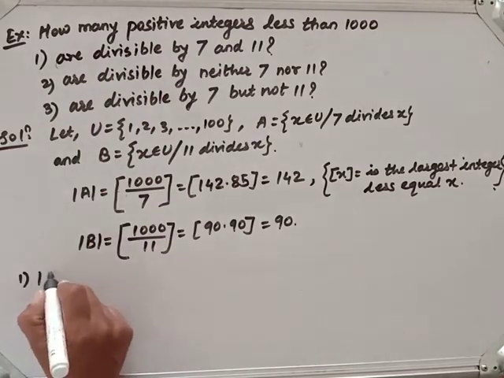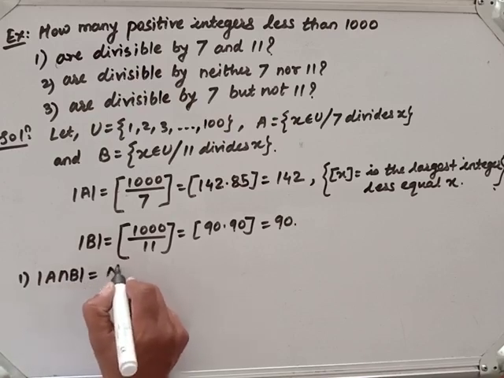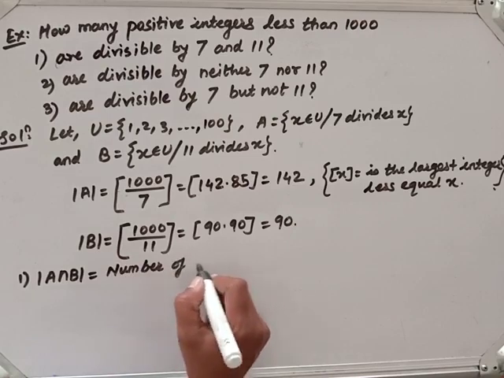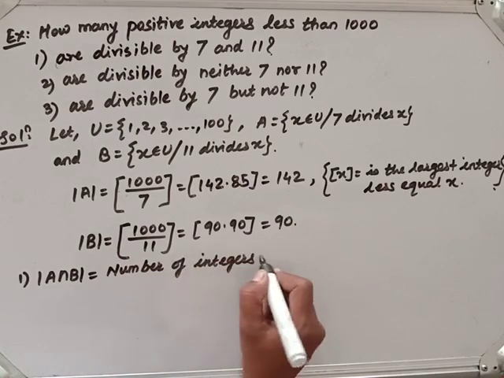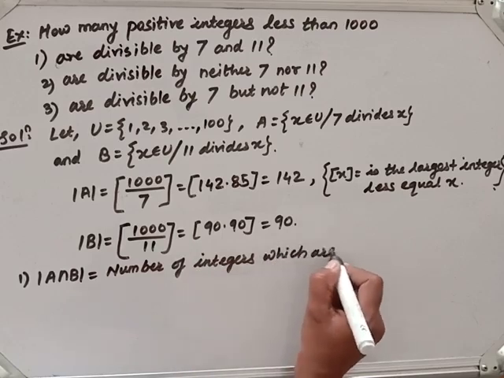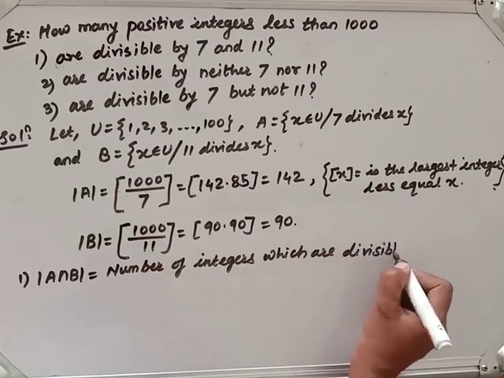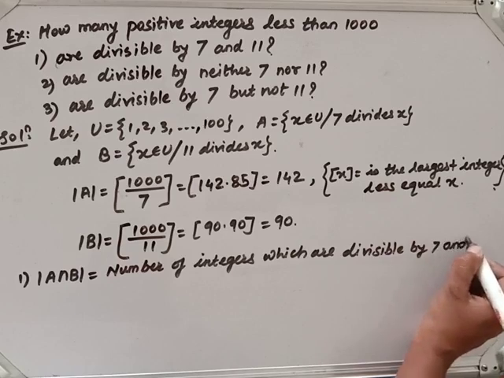So this is the cardinality of A intersection B, that is the number of integers which are divisible by 7 and 11.